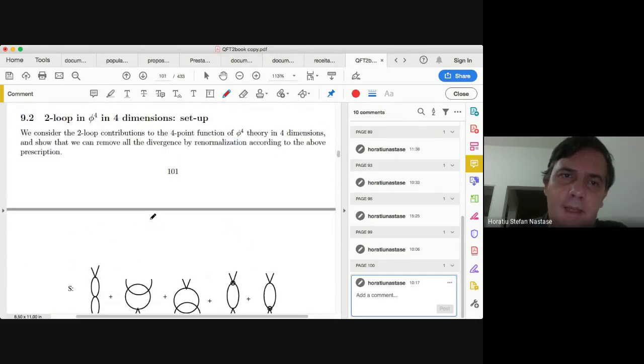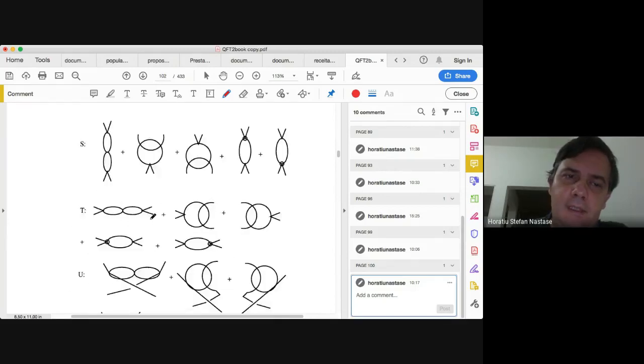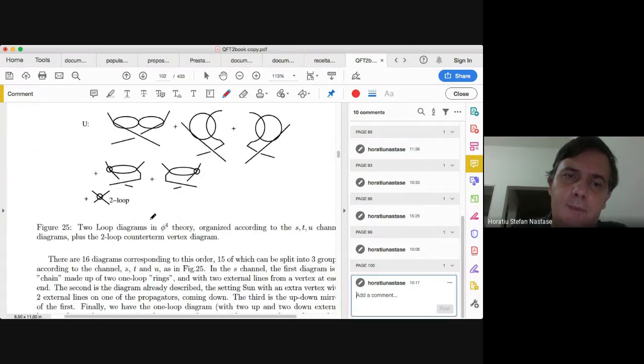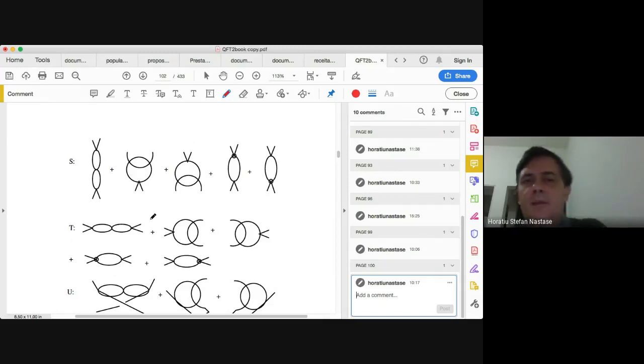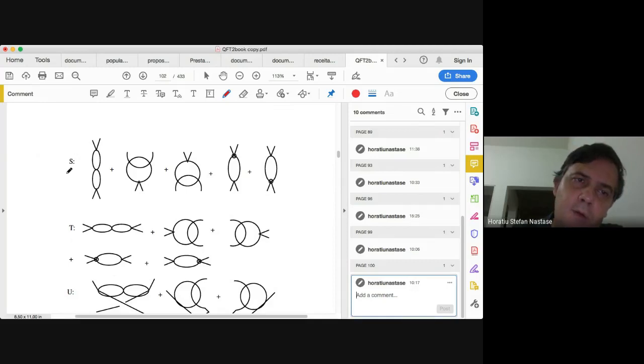All right, so what kind of two-loop diagrams do we have? Well, we can organize them in the following way. We have 5 basic diagrams, which we call in the S channel.